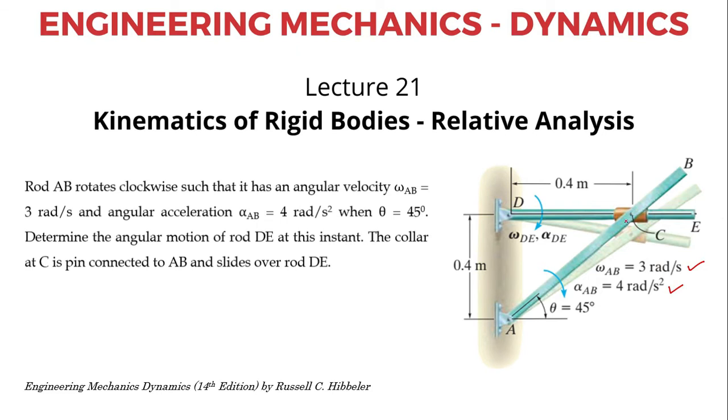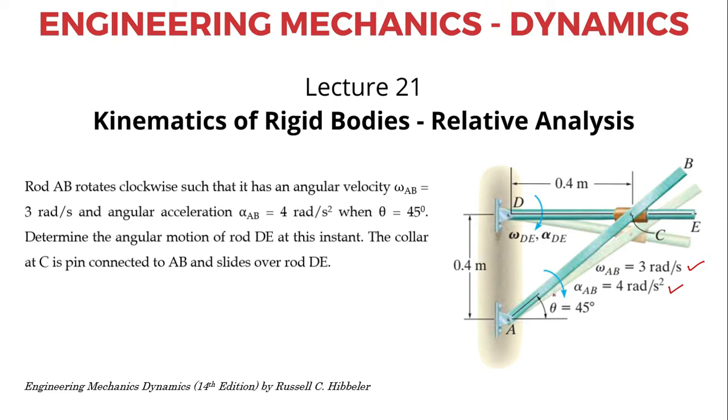This collar is able to slide along the rod DE, but it is pinned with respect to rod AB. That you have to keep in mind. In other words, this collar will undergo pure rotation with respect to the point A. This is one important point you have to remember.